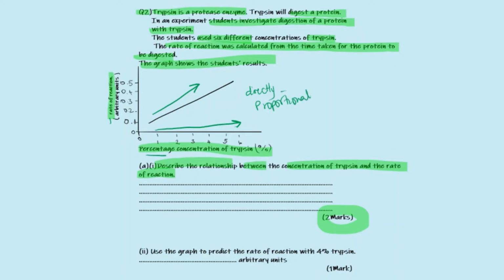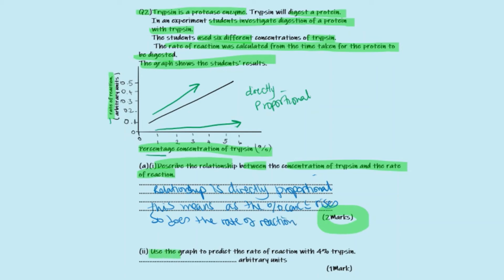Our answer, we can say the relationship is directly proportional. This means as the percentage concentration rises, so does the rate of reaction.